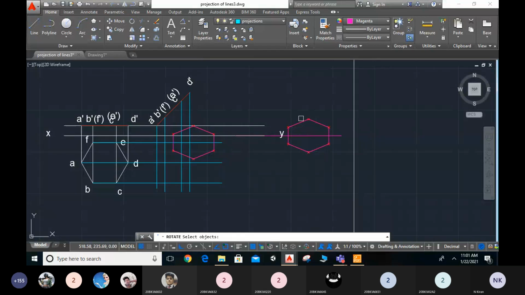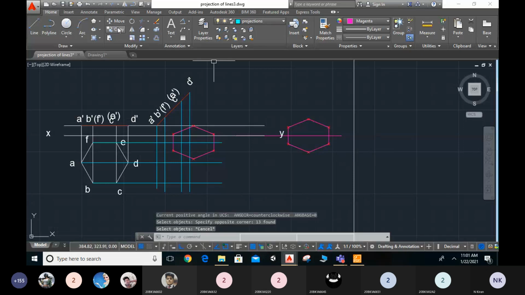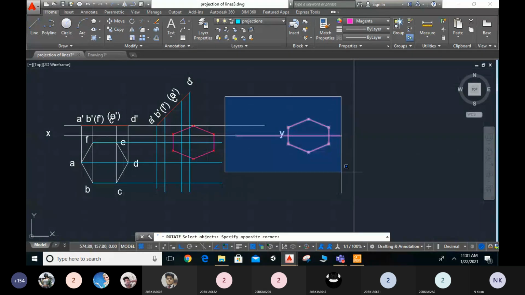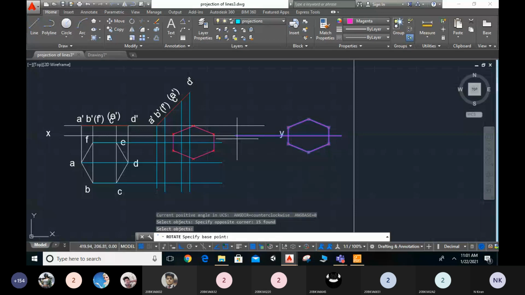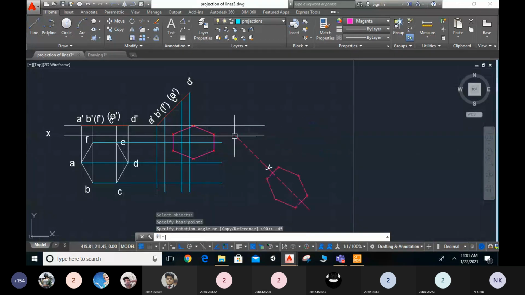Now RO enter. I will select all these objects including this line. So the line is not selected. RO enter, and from here I will select so that the line will be selected also. Enter. What is the base point? This one. Now what is the angle I have to give? Minus 45. Enter. Now it has come.